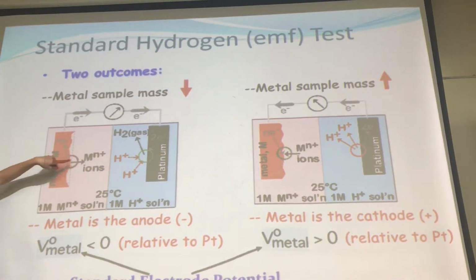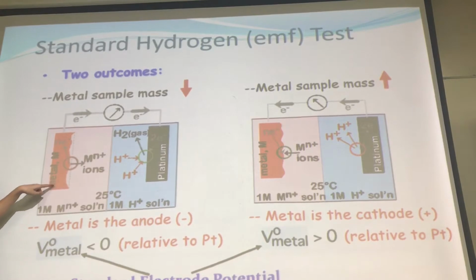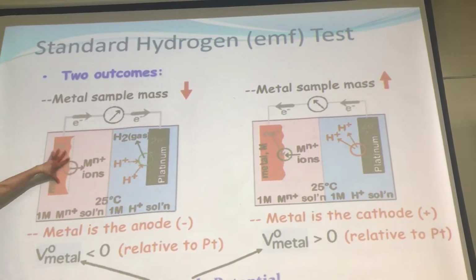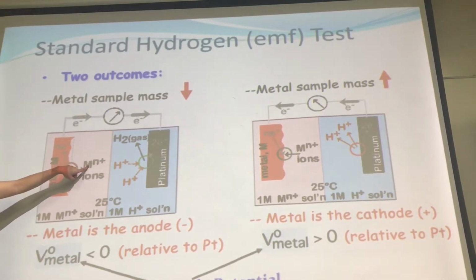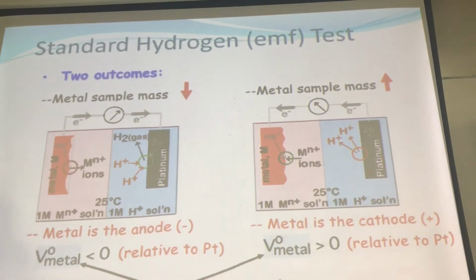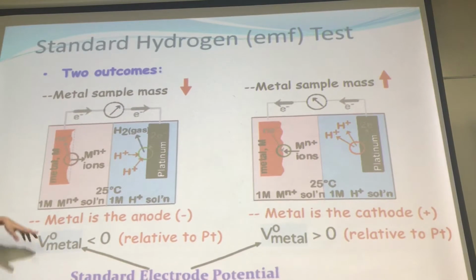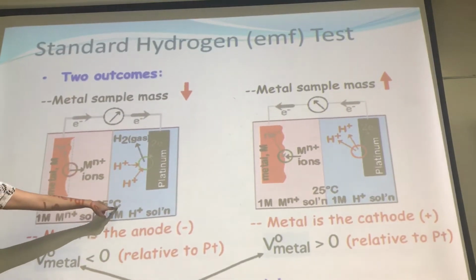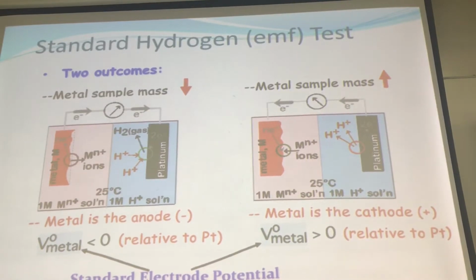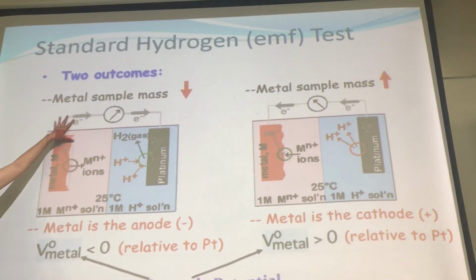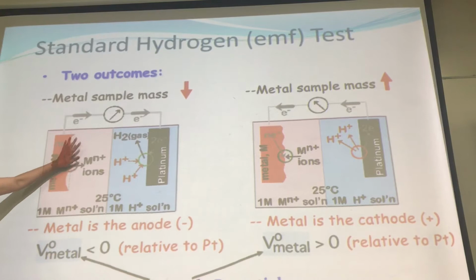For example, if I want to test manganese, the electrolyte I use should contain manganese ion with a concentration of 1 molar. You see that? Alright? So I have my testing material.